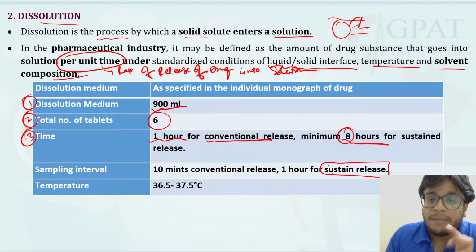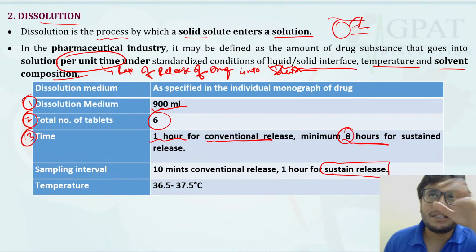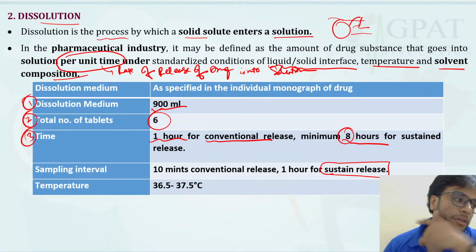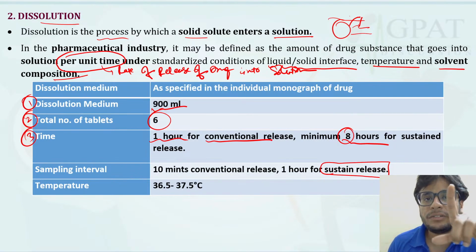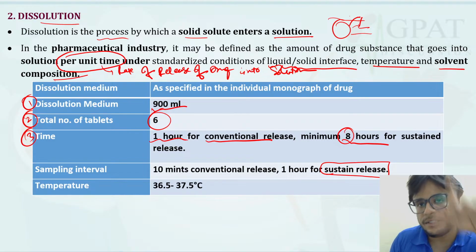Yes, for the sampling interval, we have to take the first sample. In case of a conventional dosage form, if we are taking the first sample at 5 minutes, then we have to take the second sample at 15 minutes at least.